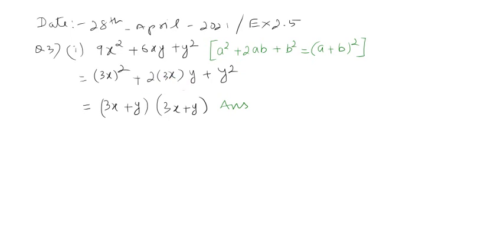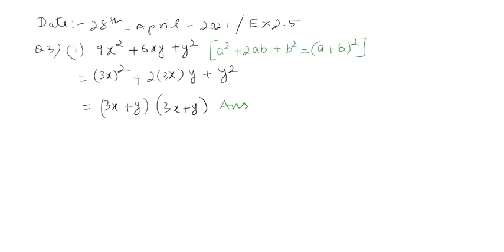So if you have a square plus 2ab plus b square, what you can write is a plus b whole square. So you write whole square or you write the same thing twice? Same thing, no? A square means what? A into a. So anything that is square, I can write twice. I think it's clear now.